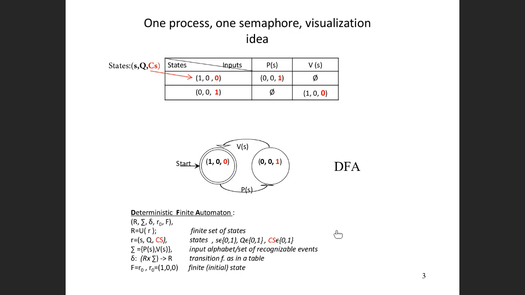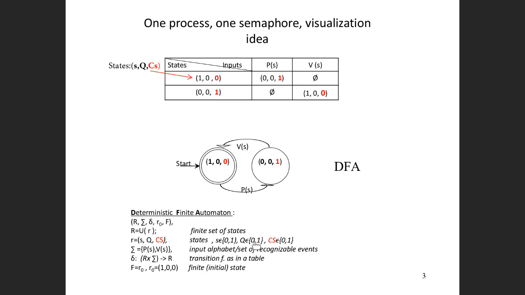In the definition of this deterministic finite automaton, we have the same as we did. However, the states have been defined more specifically. So the states are defined as triples, S, Q, and CS, and S may have the values 0 or 1, the semaphore may be closed or open.